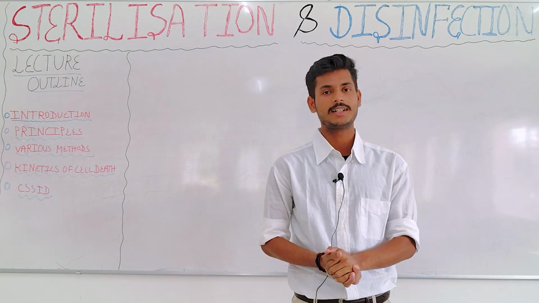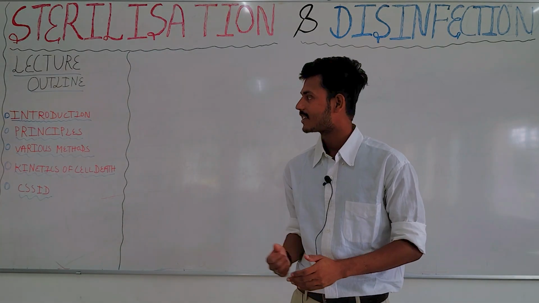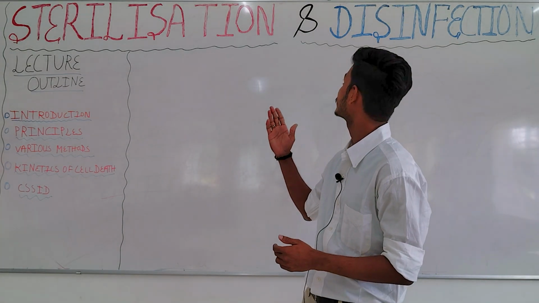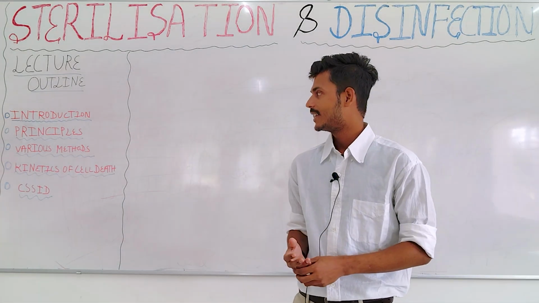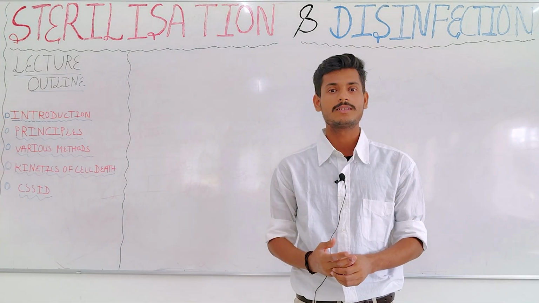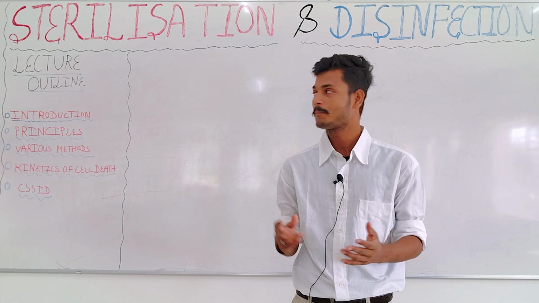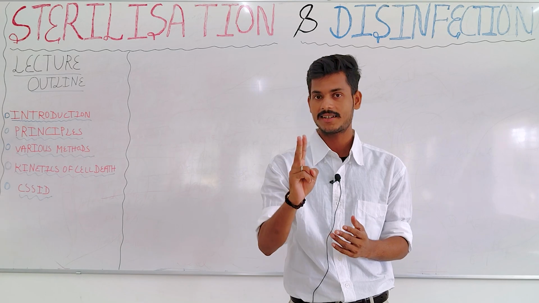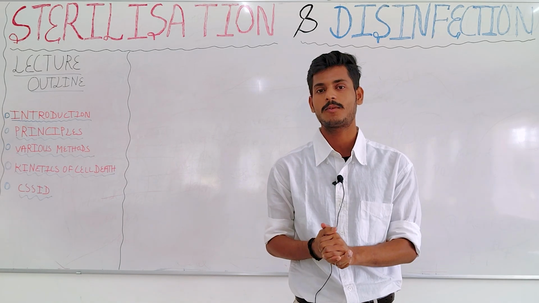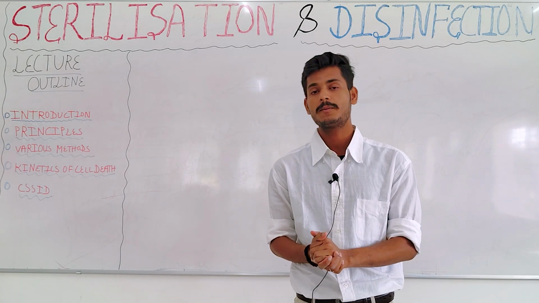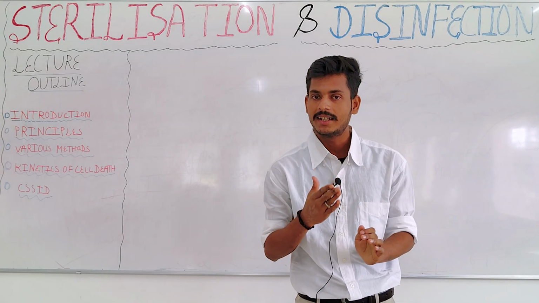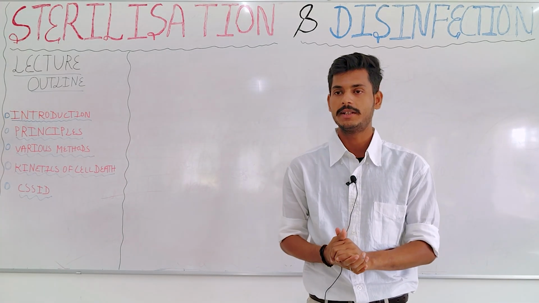First we will deal with the introduction, then we will discuss the principles behind sterilization and disinfection. Then we will see the various methods. Sterilization and disinfection are the central discussion point of our lecture, but we will see other means by which microorganisms can be eliminated.